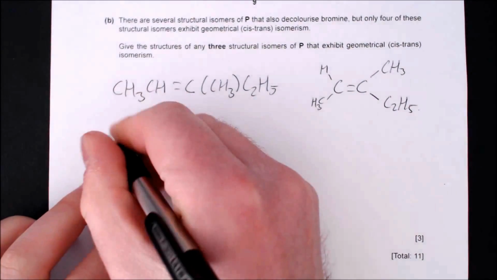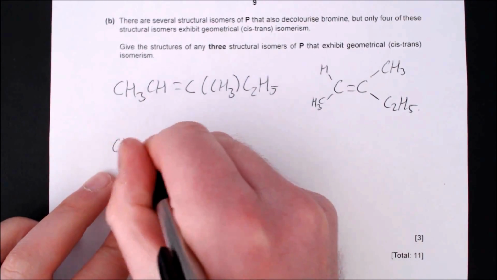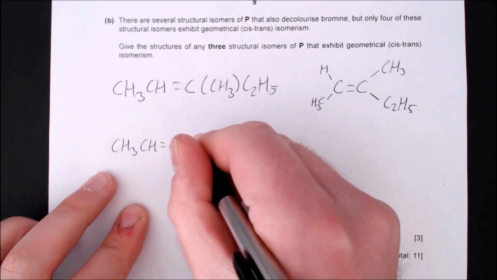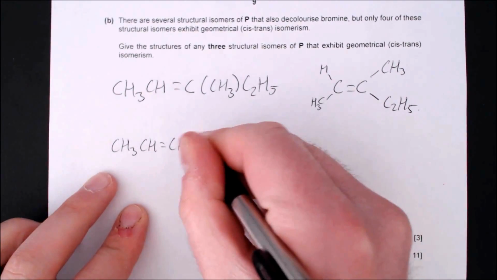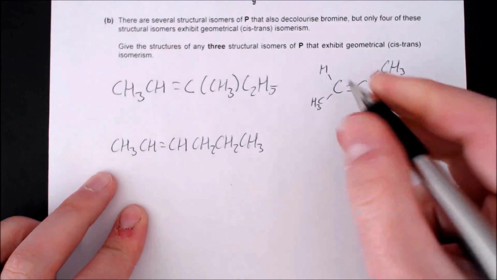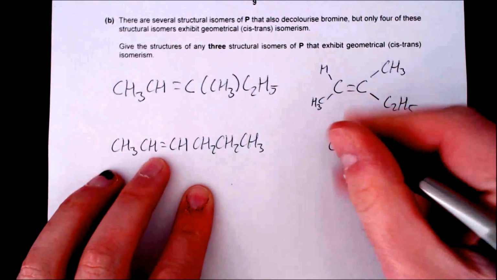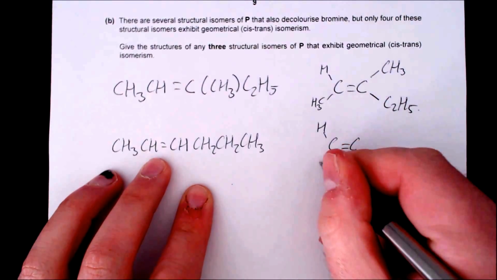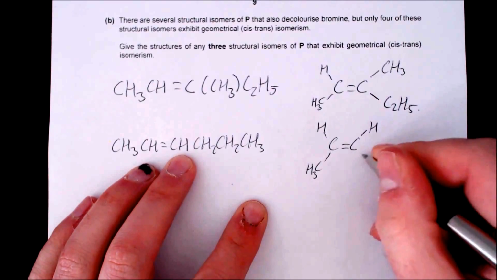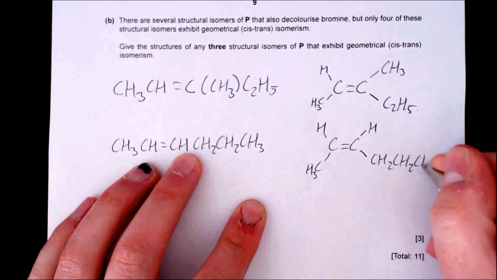You could also do this one. All you're doing really is drawing CH2, CH2, CH3, basically different forms of this molecule here. So we're going to put hydrogen there, CH3 down there, hydrogen, and this one's going to be CH2, CH2, CH3.